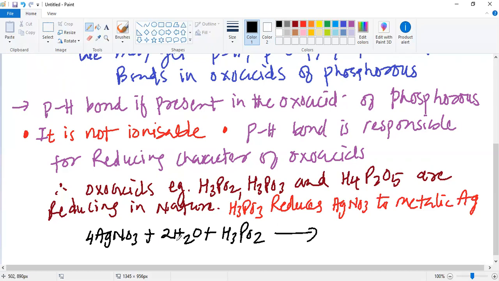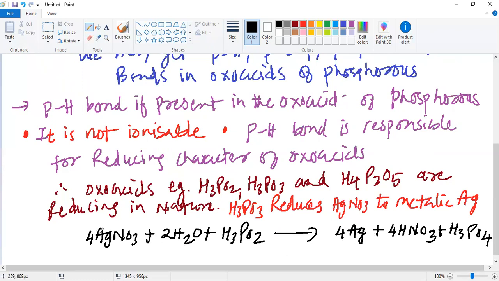Out of this 2H2O, we have 2 oxygen which is added to H3PO2, so it gives us H3PO4. And then you can easily see that this 2H2 gives 4H, this 4H combines with NO3 minus to give 4HNO3, and we get 4Ag, which is metallic.